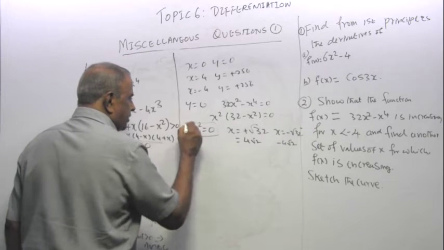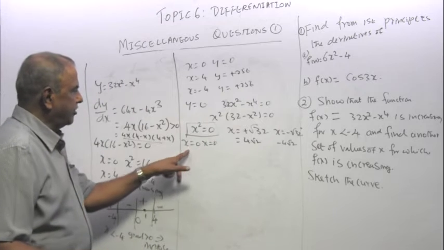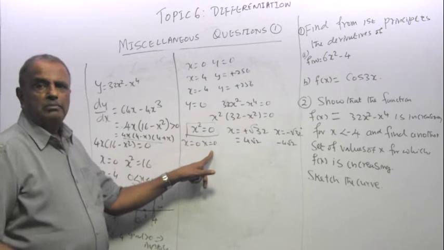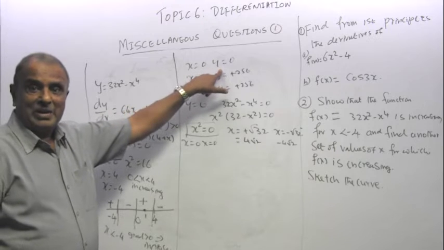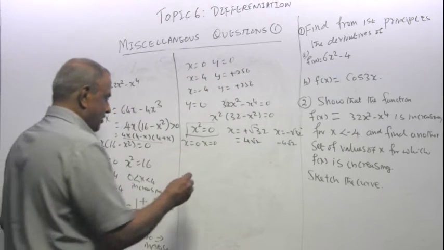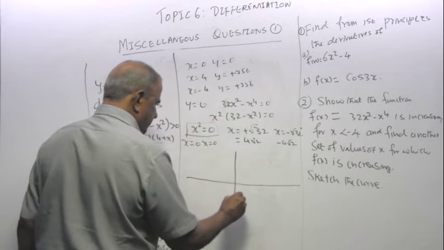X squared equal to 0, there are two roots. That means the x-axis is going to be a tangent at that point. So 0, 0 is a stationary value. Now, let us put all that information on this graph.